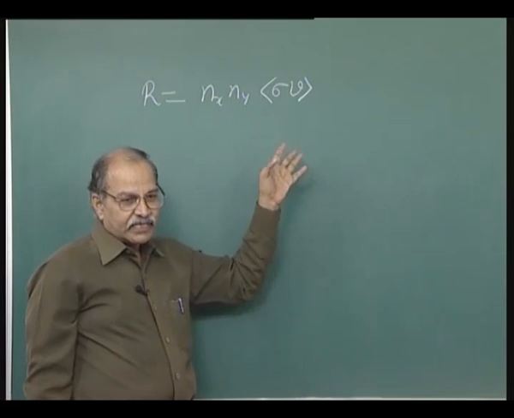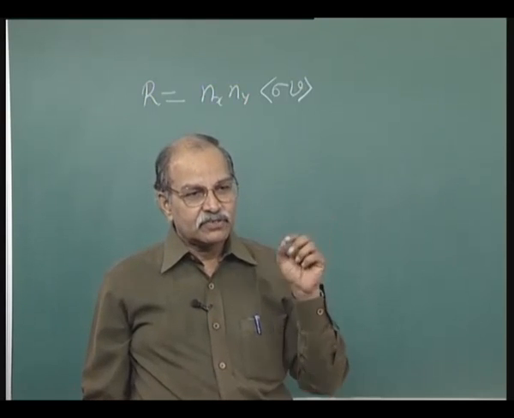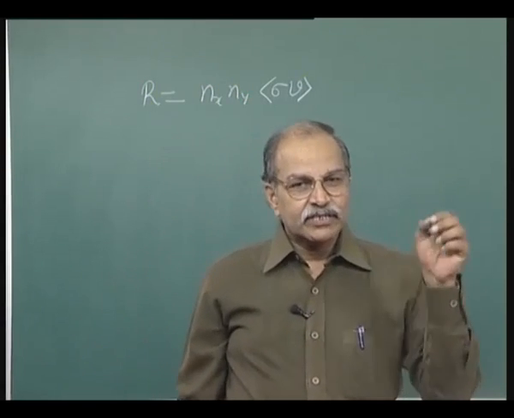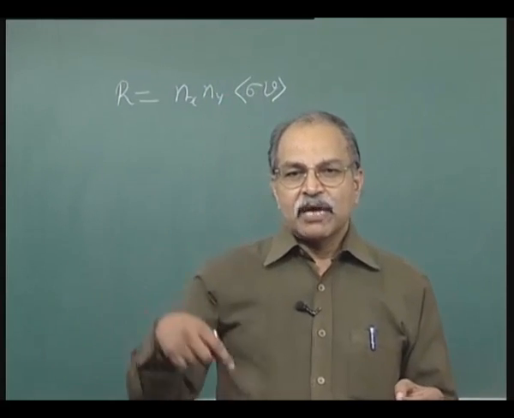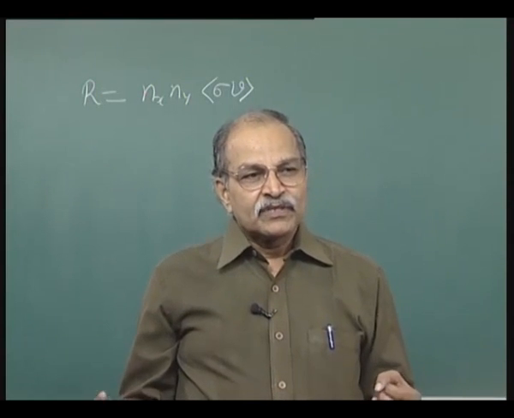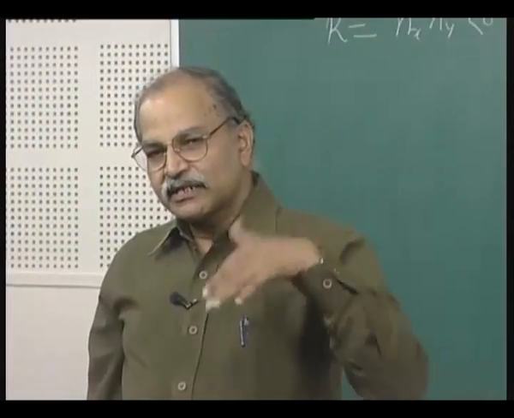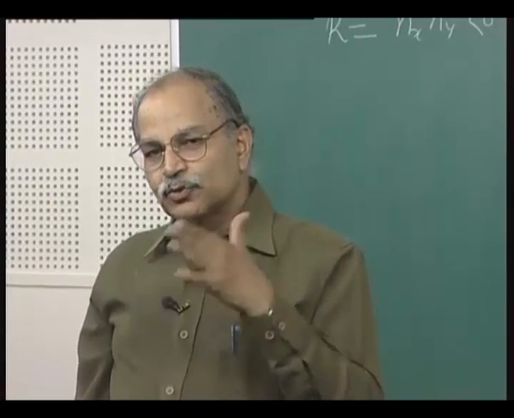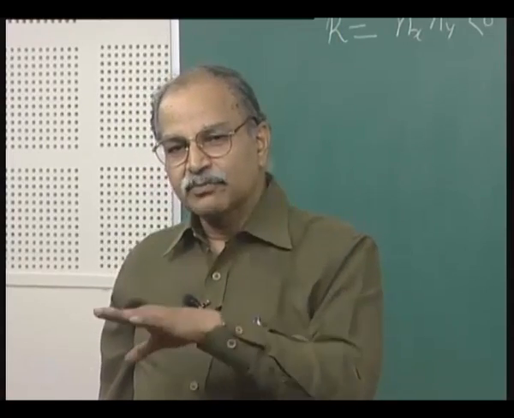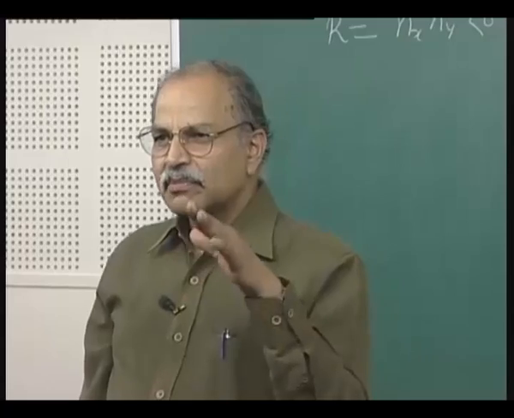We saw that only a small part contributes in this integration, because if you write this distribution in terms of energy, you get two terms, one dominated by the distribution of velocities, another dominated by the barrier penetration probability.